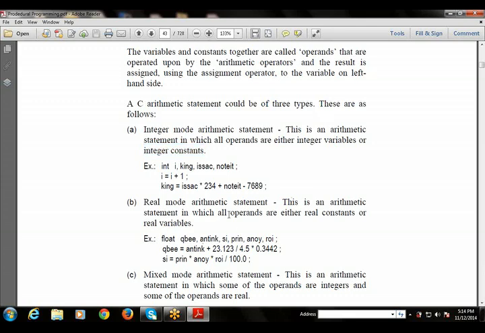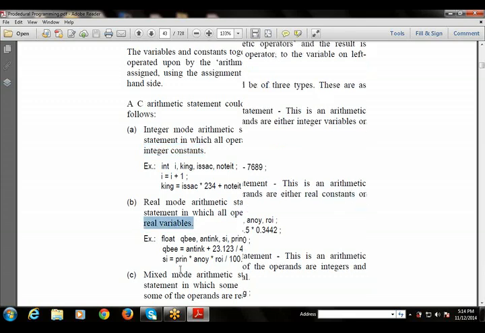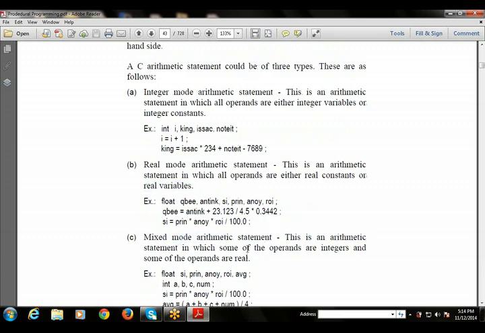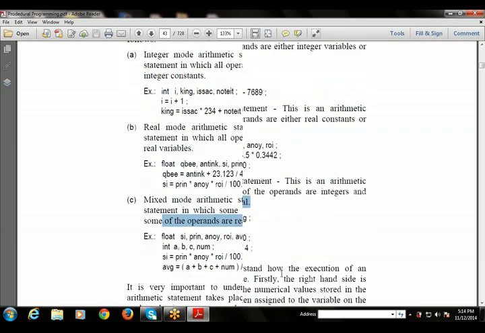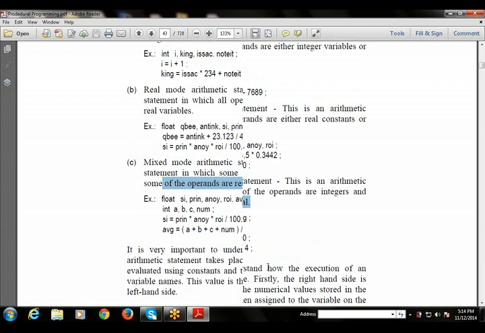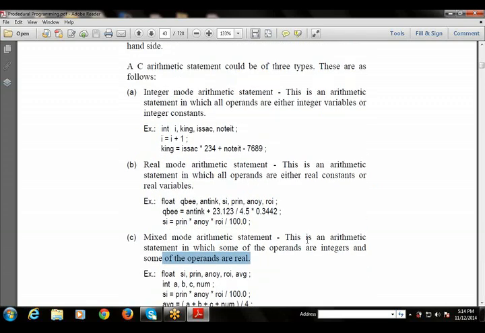Real mode is one in which all the operands are either real constants or real variables. Mixed mode is one in which some of the operands are integer and some are real. So one is totally integer mode, one is real mode, and one is a combination of integer and real.